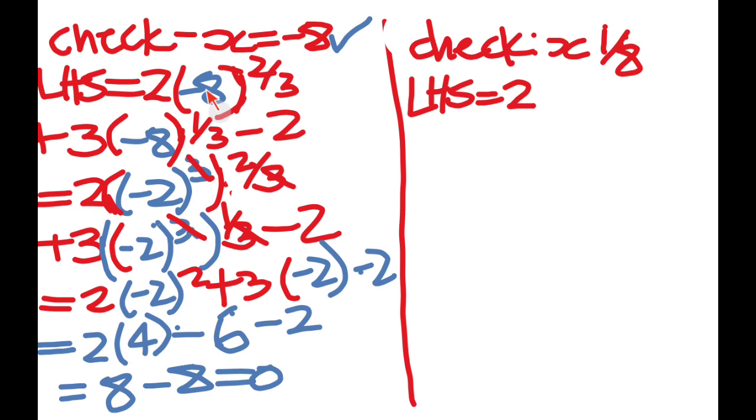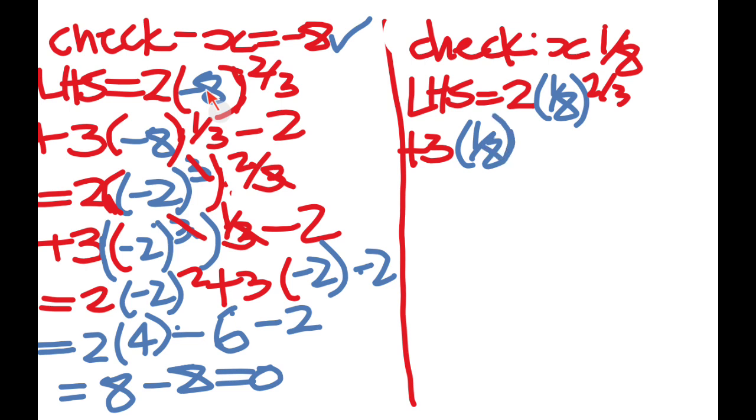You've got x, so that's 2 in bracket 1 over 8 all to the power of 2 over 3, plus 3 in bracket 1 over 8 to the power of 1 over 3, minus 2.